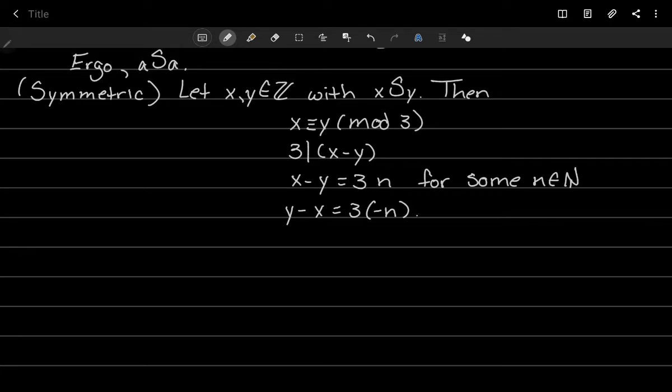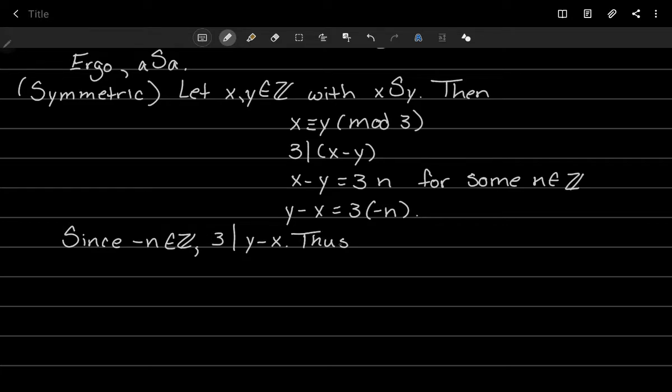Okay. Since negative n is an element of Z, oh yeah, I should have put Z here. Man, I'm having a day. Okay. Since negative n is an element of Z, that means 3 divides y minus x.